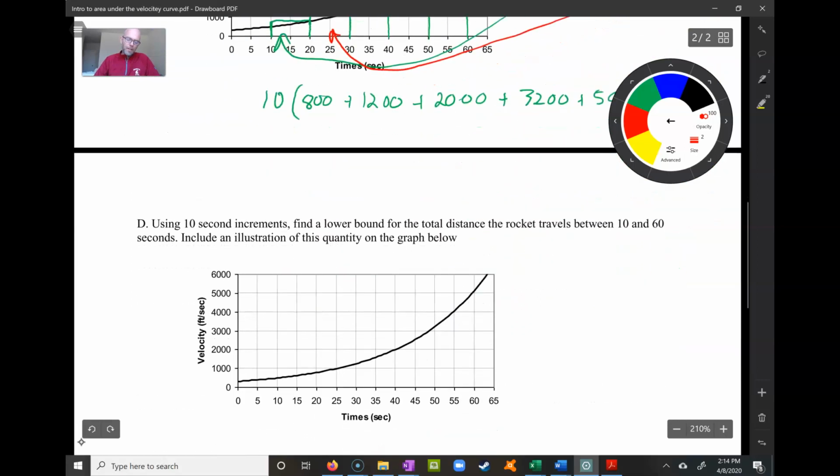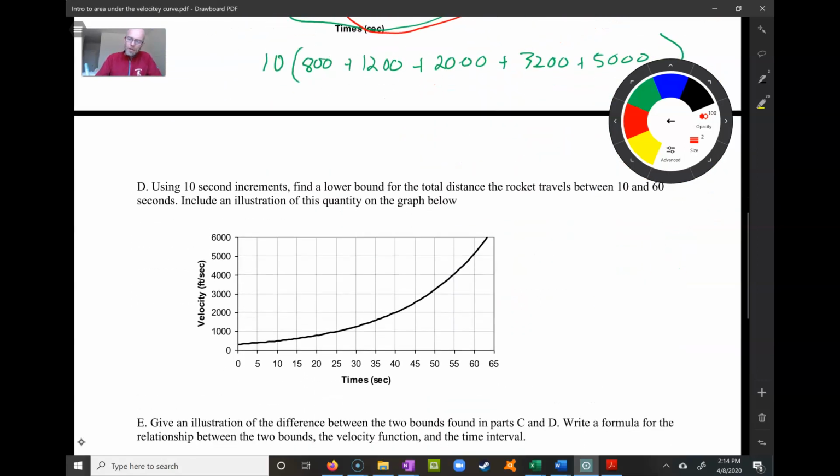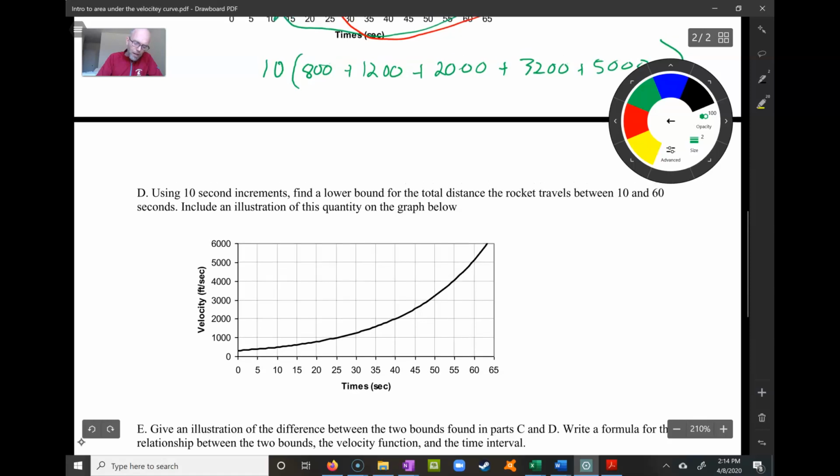So now if I cruise down here, the lower bound, I'm going to use the left side as my velocity. And that is clearly going to be a lower bound.